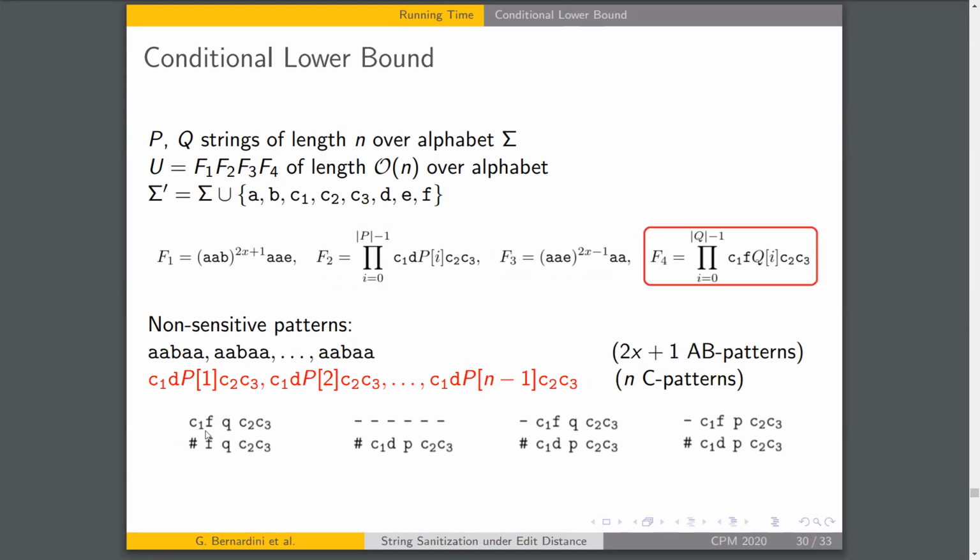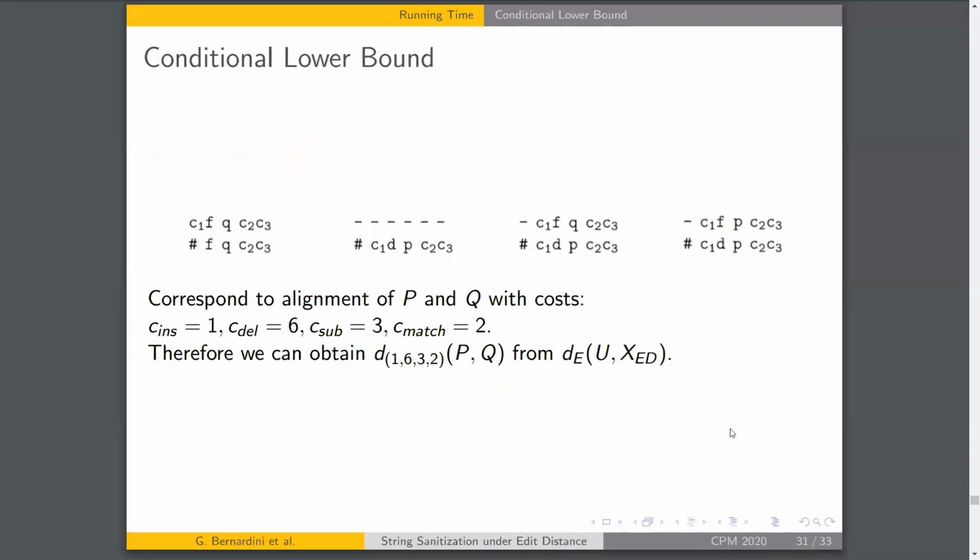So either we have a part of F4 aligned with a gadget part, so 1 hash and 4 letters, or we have a C pattern, which is just inserted and not aligned with anything, or we have a part of F4 aligned with a C pattern, and then there are 2 possibilities: either the letter in P and the letter in Q don't match, or they match. Note that this corresponds to an alignment of P and Q with the following costs.